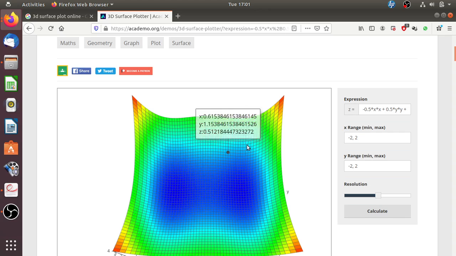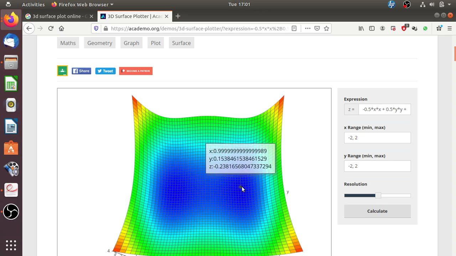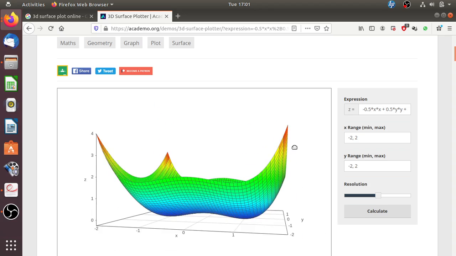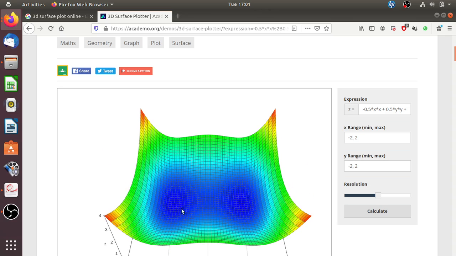Now from this picture we could see that here there is a lower point, and here is another lower point, and if we section it somewhere here, then it will be orbiting over here.